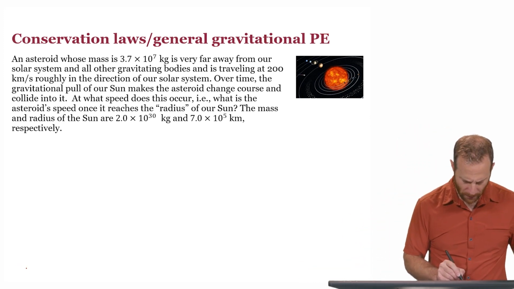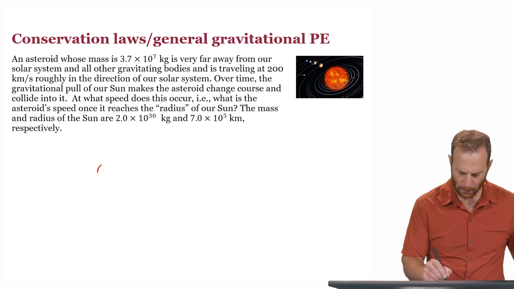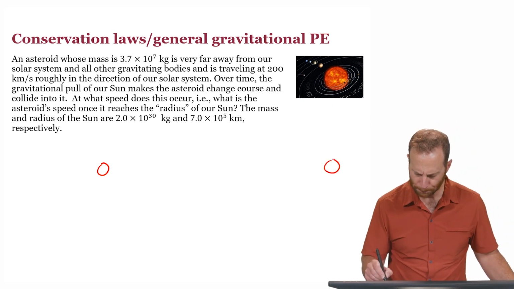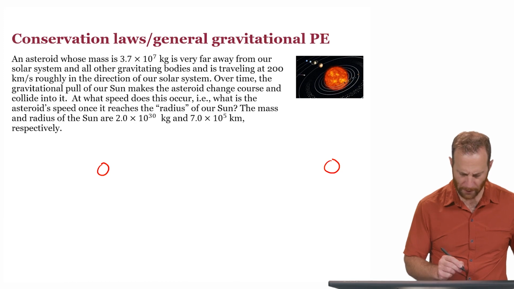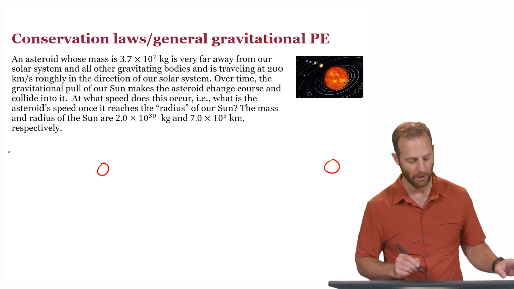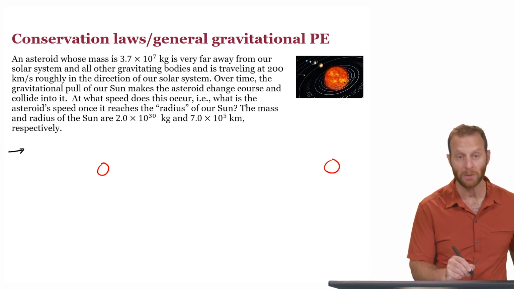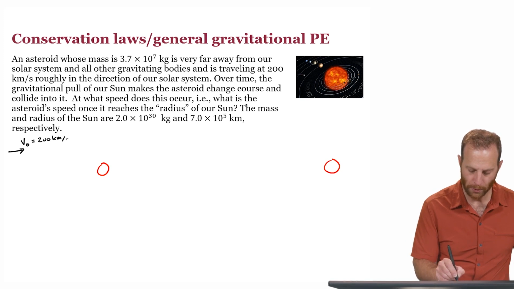So that is something that we will probably need. But before we even get there, let's draw ourselves a picture. We've got the sun over here, and let's draw the picture before and after. So here's the sun, and the asteroid, which is coming in from very, very far away. I know this doesn't look very far, but let's suppose that dot is very far from the sun, and it's coming in with some initial velocity, which we're not specifying its direction, but we do know its speed, v naught, given as 200 kilometers per second.